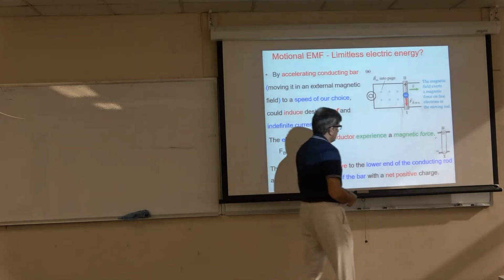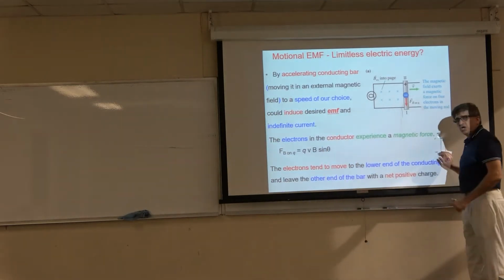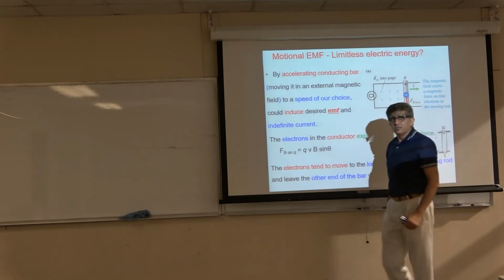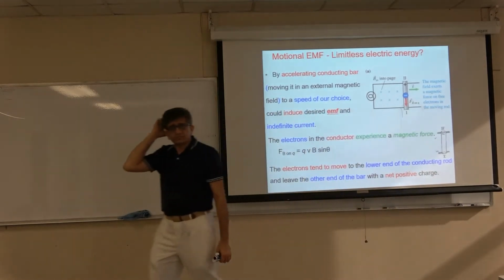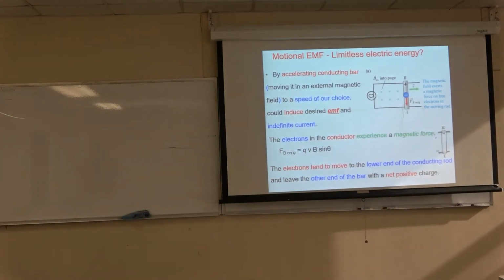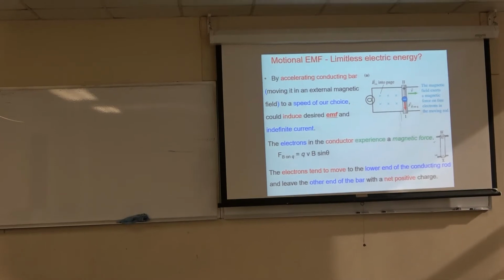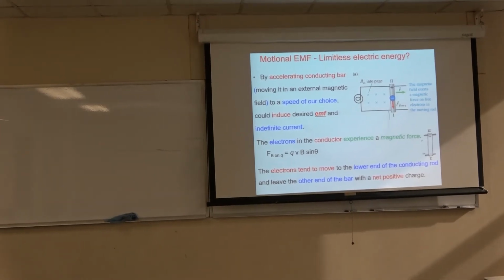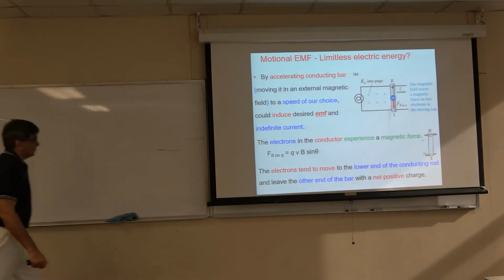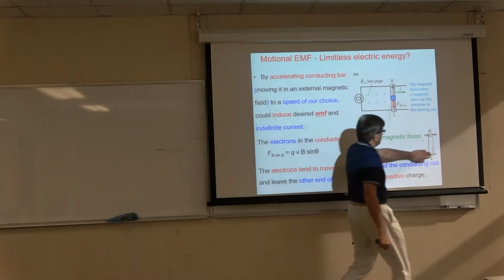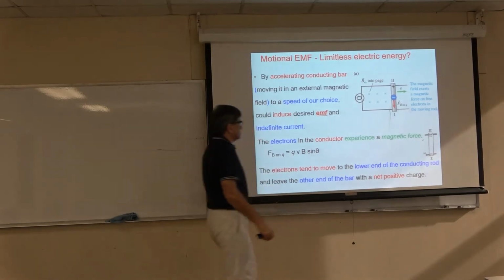So one end of the bar will become negatively charged, the other end becomes positively charged, right? Now, as we see, the lower end of the bar is negatively charged and the upper end is positively charged.